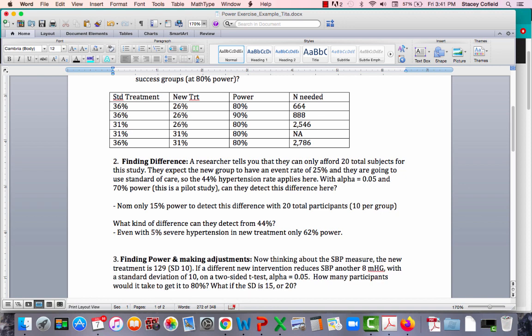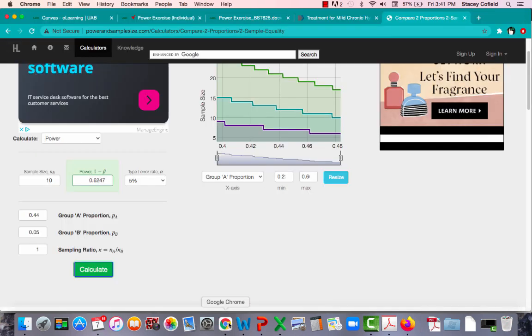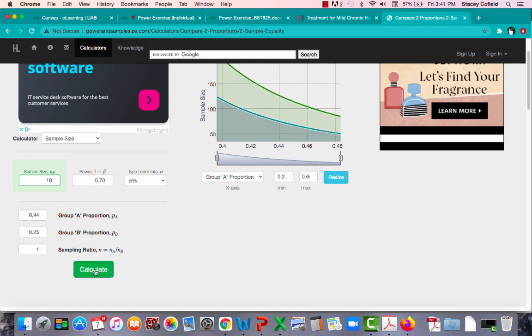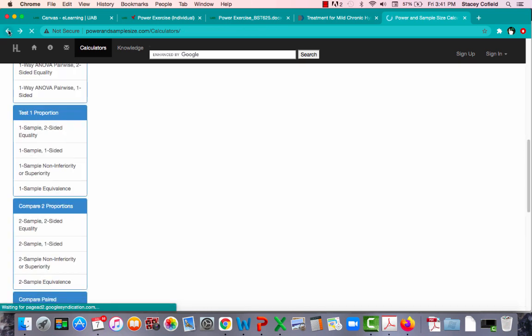So they're going to need to increase their sample size, right? So if you wanted to sort of go above and beyond, you could potentially go back to them and say, okay, now my power is 70%, and we think we've got 44 and 25, which is what they think they were going to have. And now tell me what my sample size is. Oh, I need to go back and reset here.